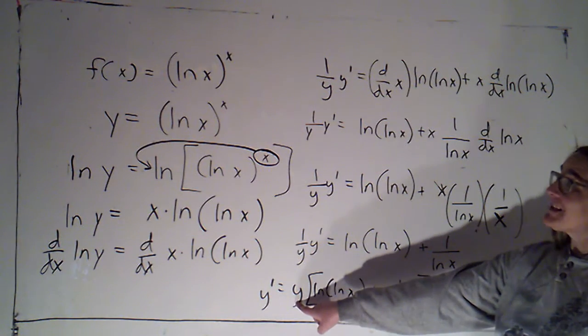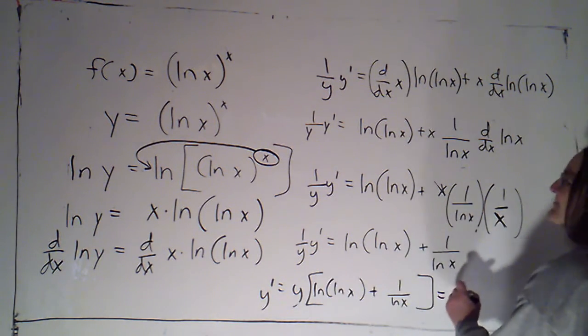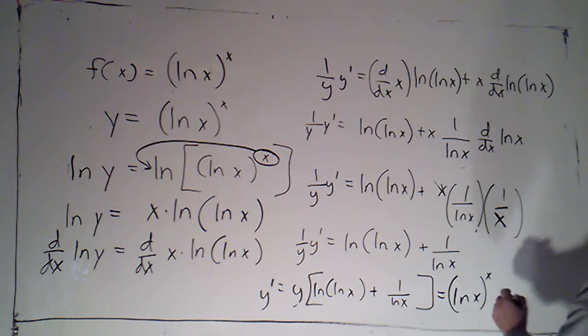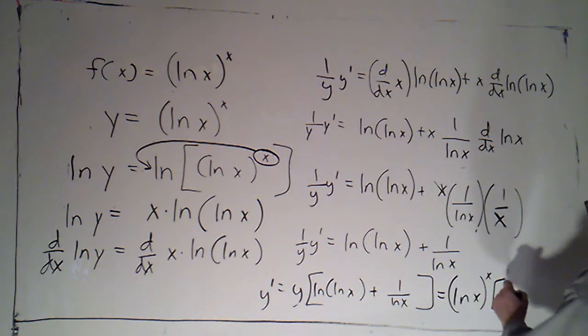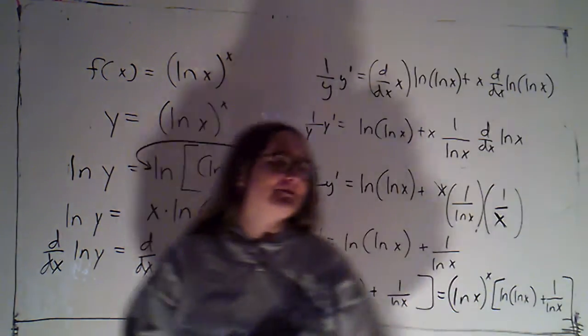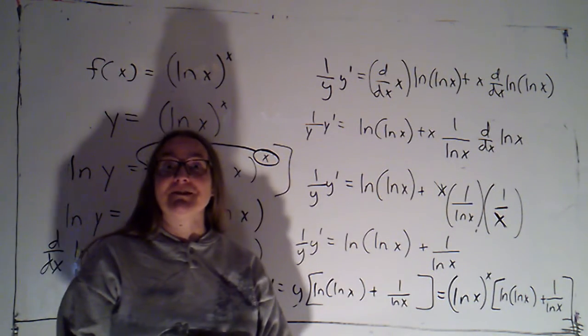And since I have an explicit formula for y, I want to replace it with that formula. So y was the natural log of x to the x. That gets multiplied by the natural log of the natural log of x plus the reciprocal of the natural log of x. So there's my final answer for the derivative of this function.